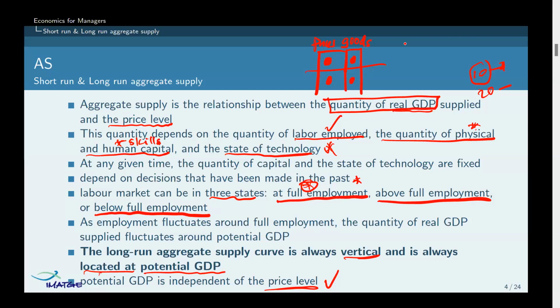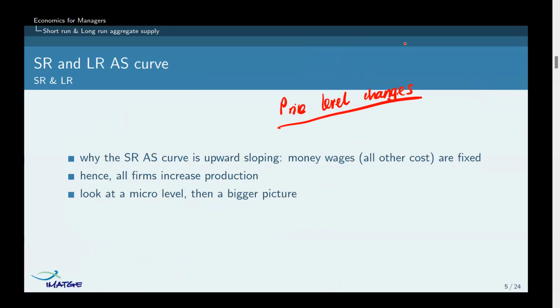Yeah, that's what I'm going to explain in the following slides, to demonstrate why we have a vertical long run aggregate supply curve and an upward sloping short run aggregate supply curve. It's very important that we understand that. So I will start with the explanation of the short run. Okay, thank you, Doctor. And then I will migrate to the long run aggregate supply curve.